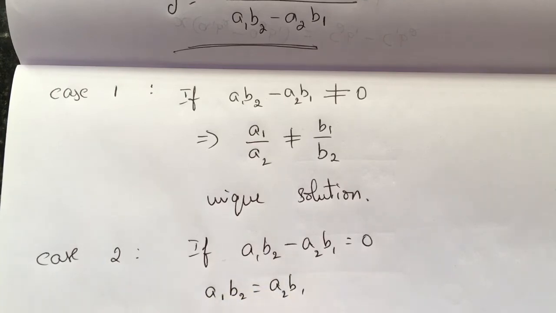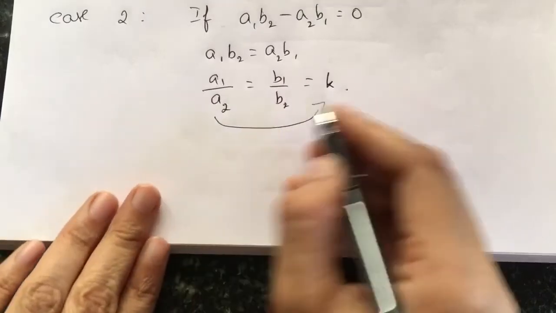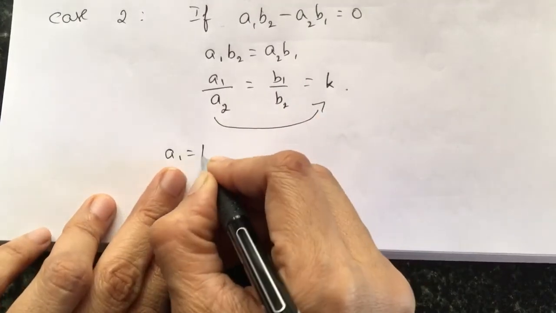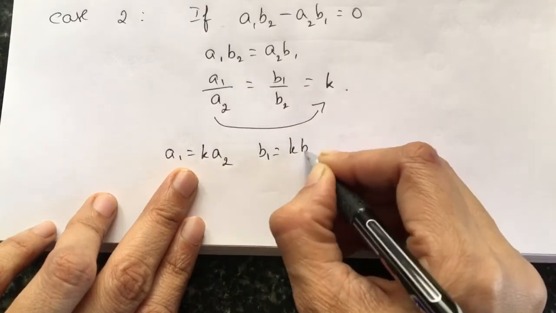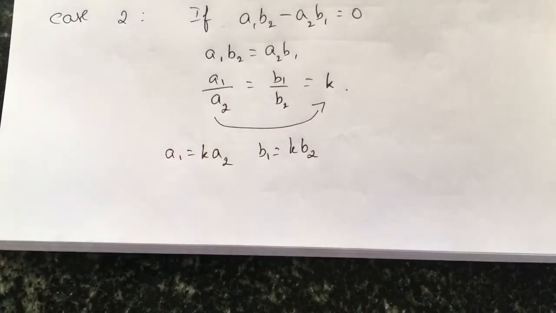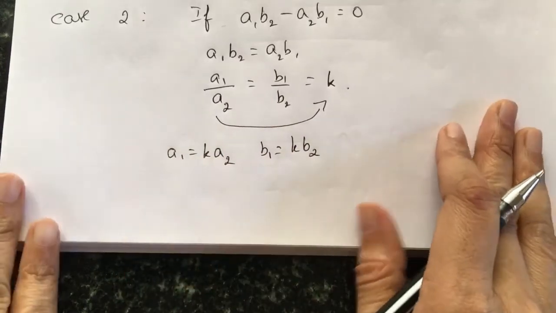Then you can say A1 by A2 equal to B1 by B2, and it may be equal to some constant K. And when that is the case, I can write A1 as K into A2 and B1 as K into B2. Right. Now substitute this value in my first equation.